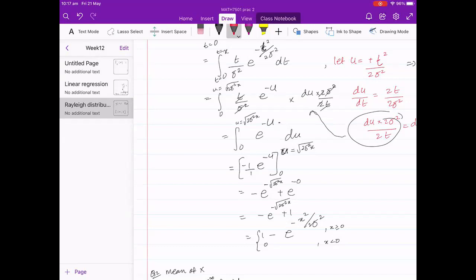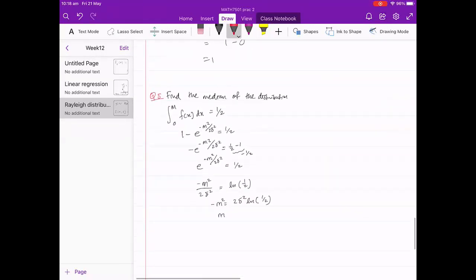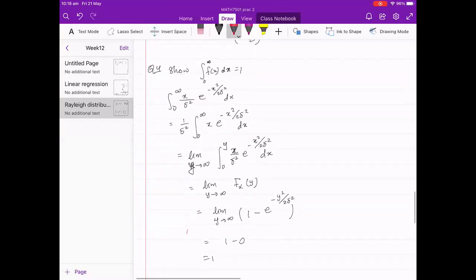Okay, how would you show that? In the next question, okay, that means you got to show that the integral of your PDF over the entire region of its defined region is 1. Okay, how do we do that?